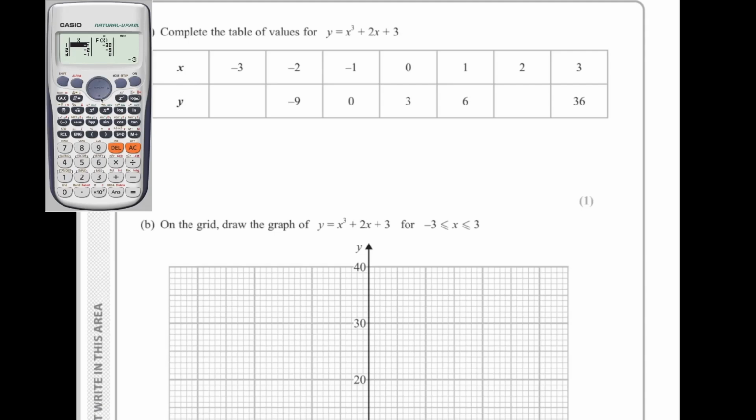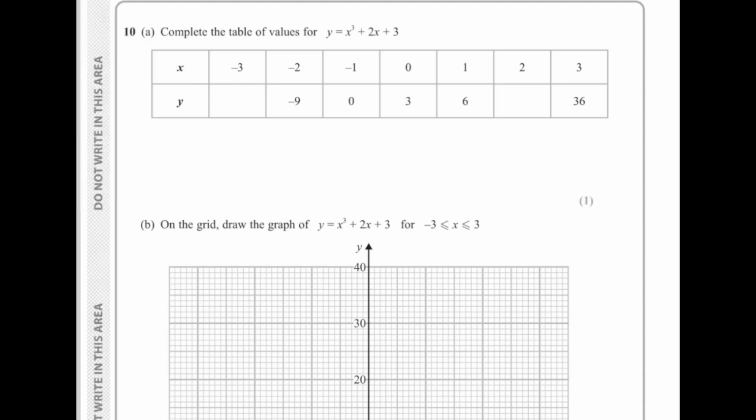Here, can you see the values? When x is minus 3, f of x is minus 30. When x is 2, you have to go here, f of x is 15. So when x equals minus 3, the y value is minus 30.